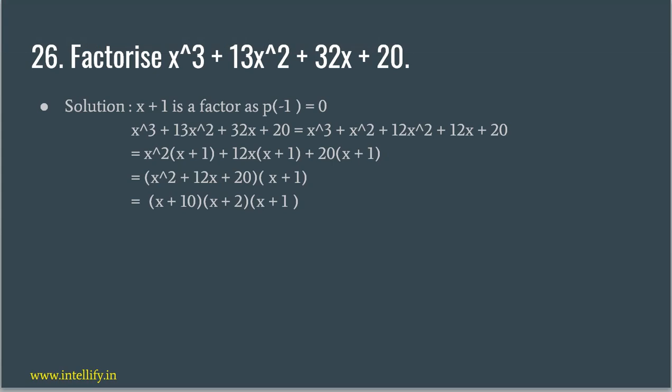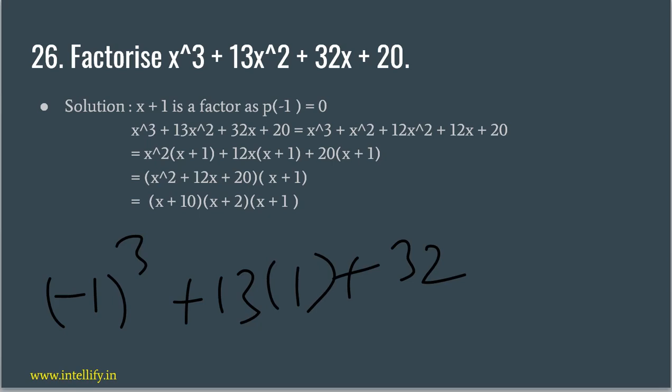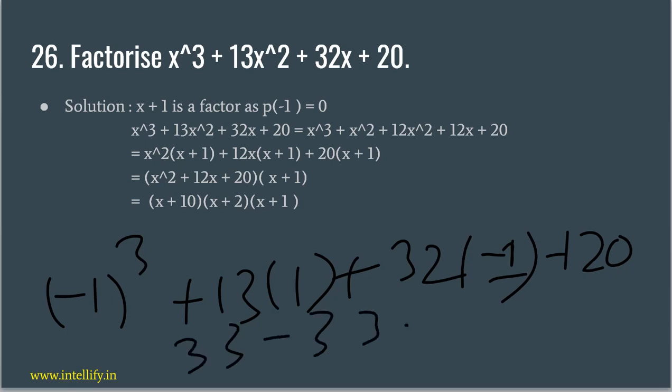Putting the value minus 1 in this, we'll get 0, because minus 1 to the power 3 is minus 1, plus 13 into minus 1 whole square is 13, plus 32 into minus 1 is minus 32, plus 20, which will give us 33 minus 33 equals 0. So, hence x plus 1 is a factor of this equation.